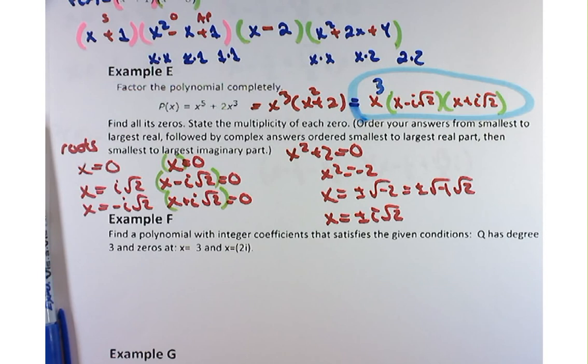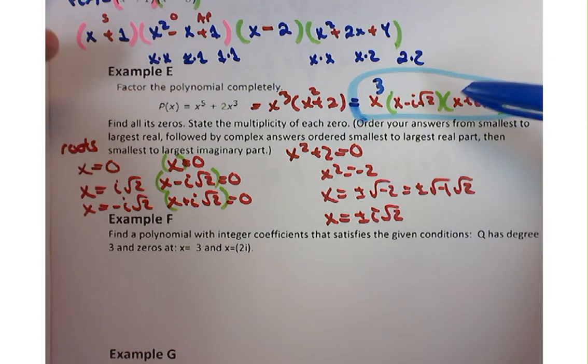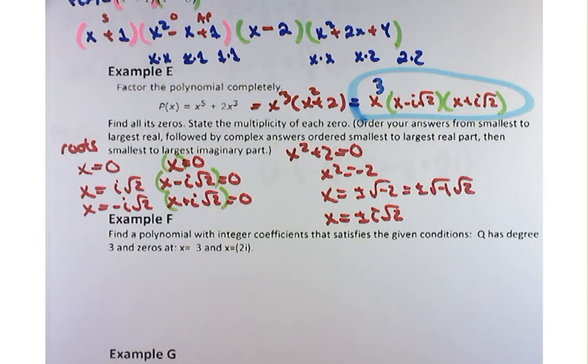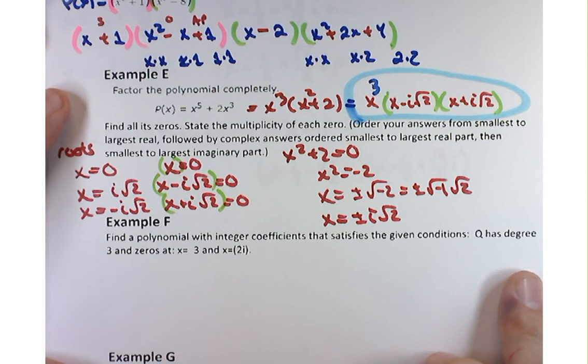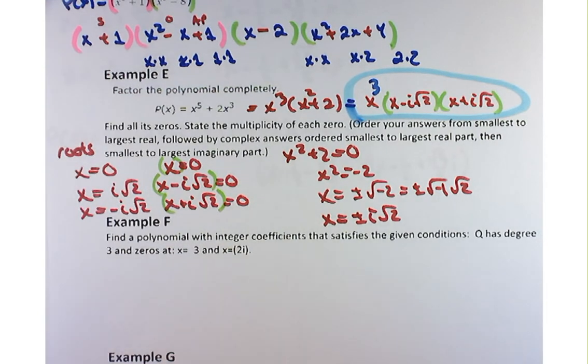That one felt a lot better than, say, example D. Are we good on that? Is it starting to get a little bit routine? Okay. Now there's something that maybe you've noticed about all these complex factors that we've run into.